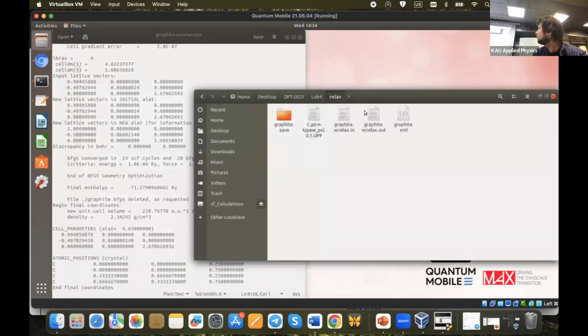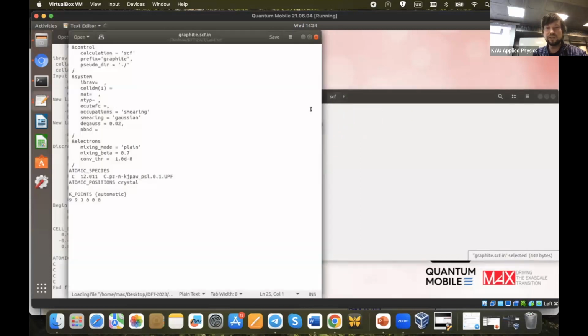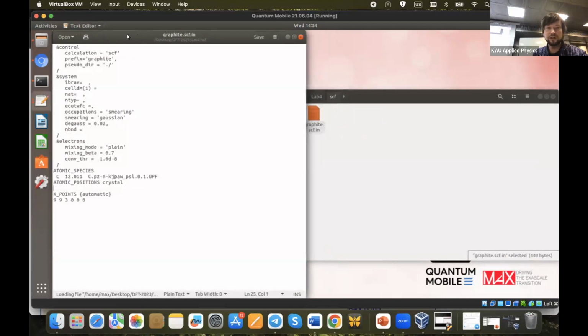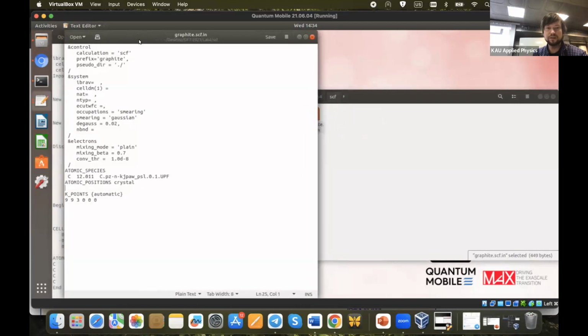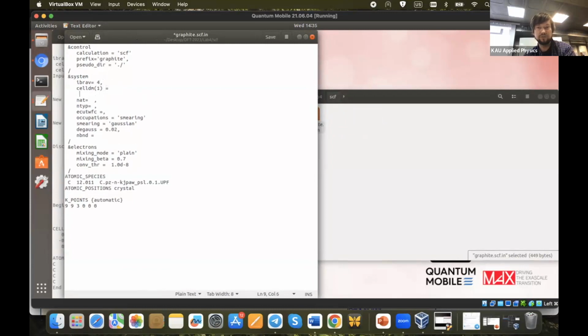And I go to the SCF folder. This graphite also has some blank sides, but we can fill it together very easily. Cell DM1, cell DM3, I haven't filled yet.